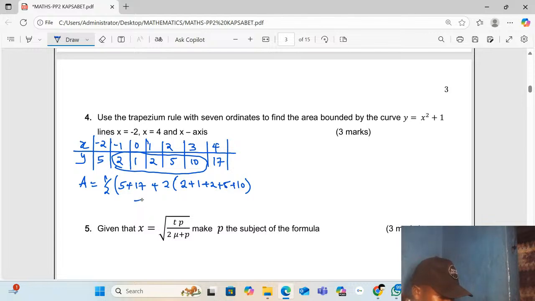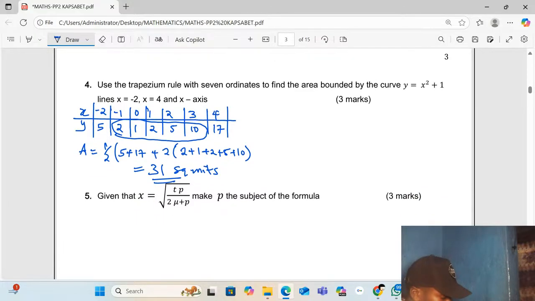And we arrive at our area as 31 square units. So that is the area bounded by the curve, found by using the trapezium rule. Simple as that.